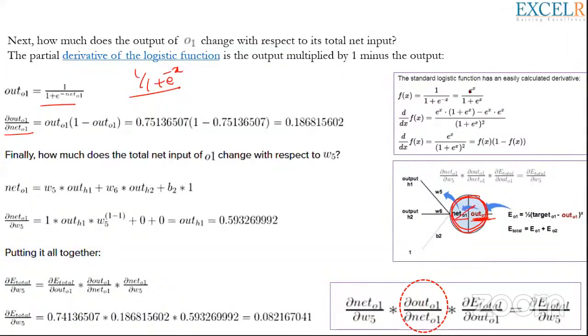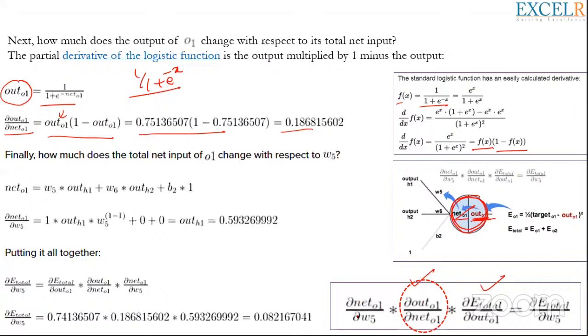If you say this is f of x, the derivative of the sigmoid function is nothing but f of x into 1 minus f of x. So if you say this is out, then out into 1 minus out. There is a proof available, so you can go ahead and refer to that. So out 01 into 1 minus out 01, just plug those values because I know this. What is out 01? From the actual data I can get to know this. So this is 0.1868. So this I have also computed successfully. This is done and this is also done.